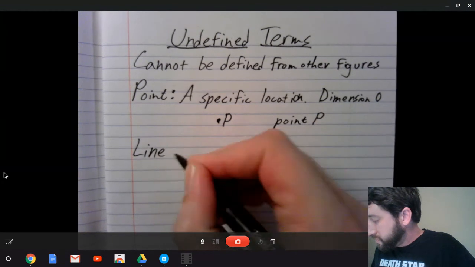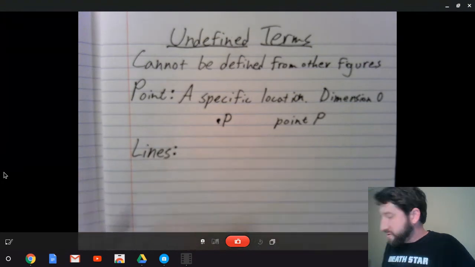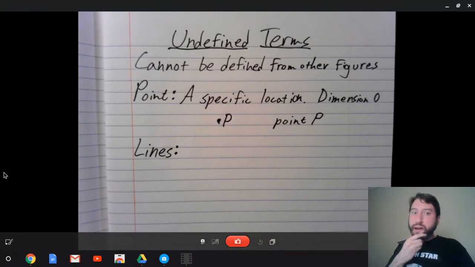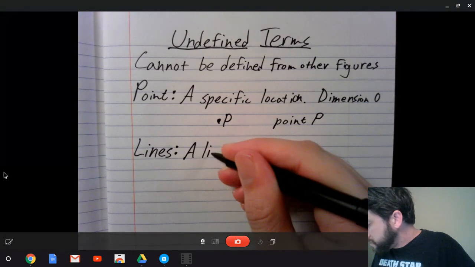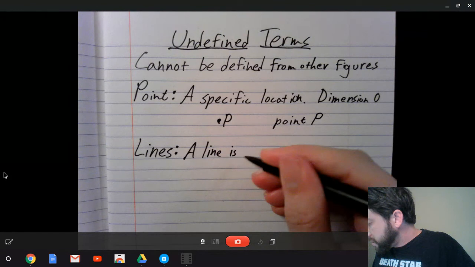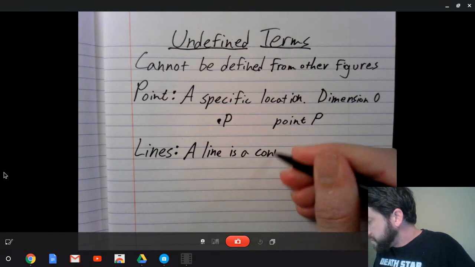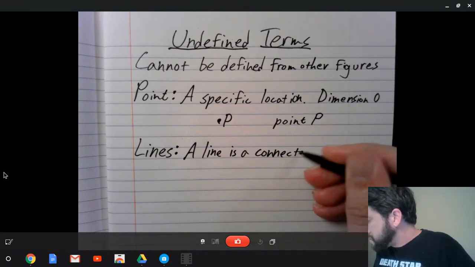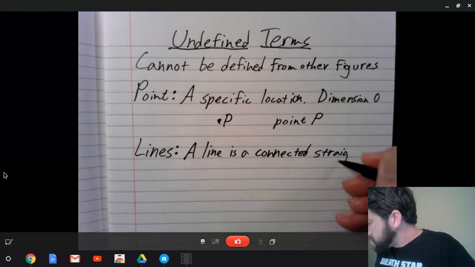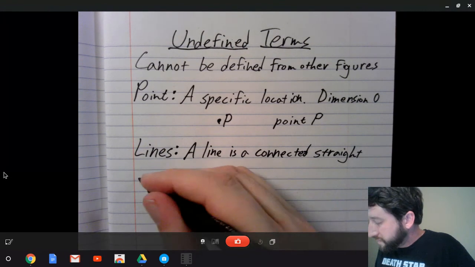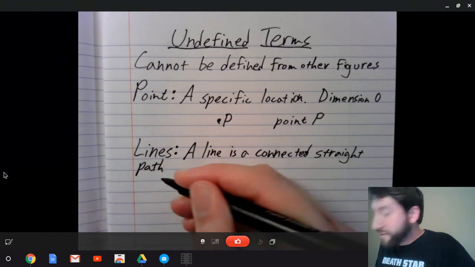Lines are cool. Don't forget about lines. All right, so a line. Well, a line is a connected straight path.